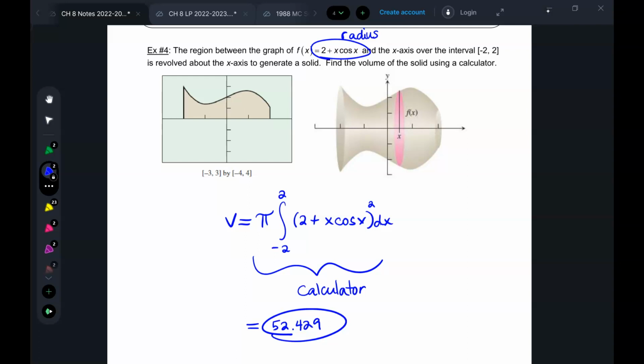It can be an irregular shape. Obviously, we have formulas to figure out volume of cylinders and of cubes and cones, but now this allows us to find the volume of anything. You have to know the equation. You would need to know the function itself.